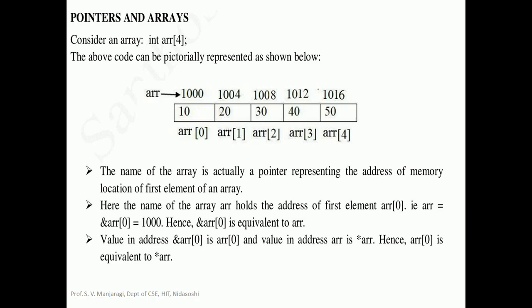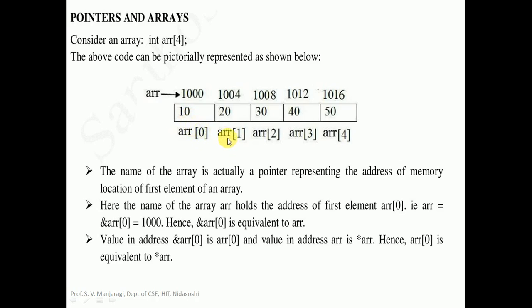The array index starts from 0. For the first element, the array index is 0, and this element can be accessed using the array name. Within the brackets we specify the index, so array of 0, the element at index 0, is 10. That is the first element of the array.